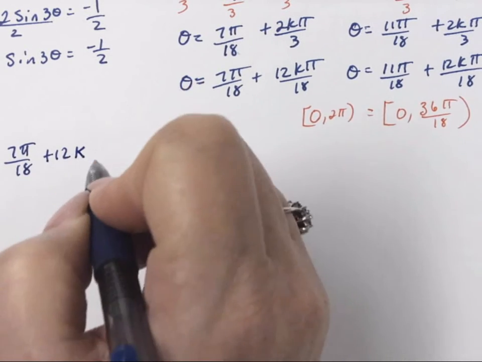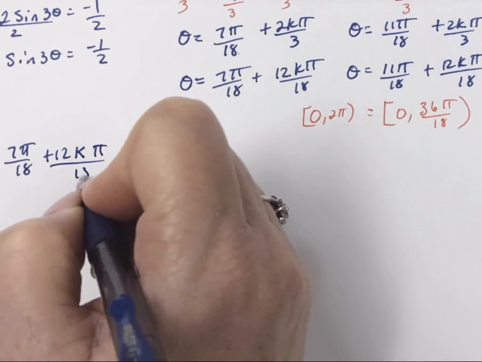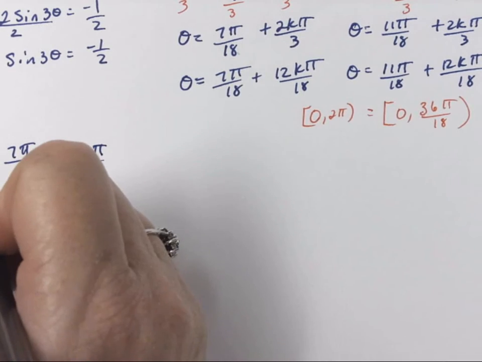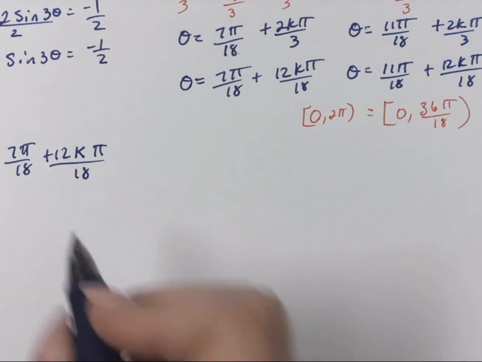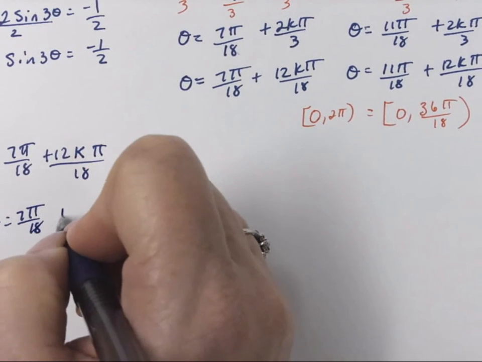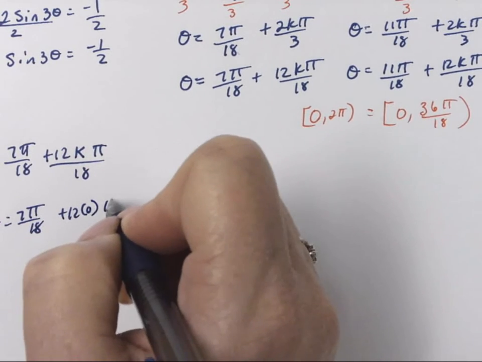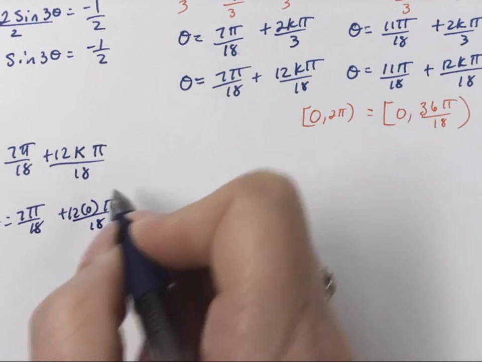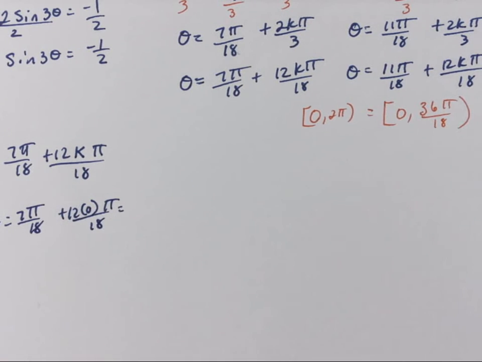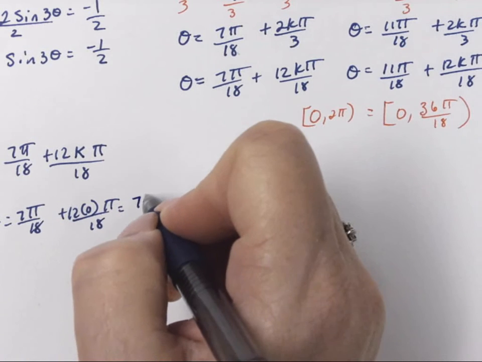All right, the next part we would have our theta is equal to 11 pi over 18 plus our 12k pi over 18. So I'm still using k is equal to 0.